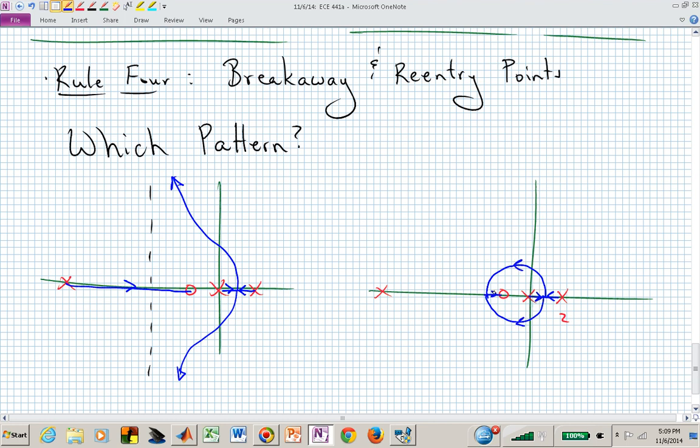One would go towards the zero at -1, the other one would move away to the left of the breakaway and actually meet up with the pole that's coming towards the origin or the imaginary axis. Those would then meet and branch off and approach the asymptotes that are at plus and minus 90 degrees.